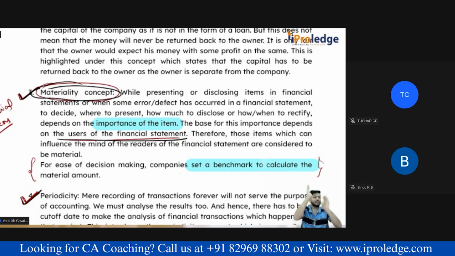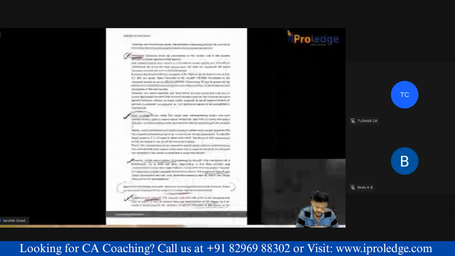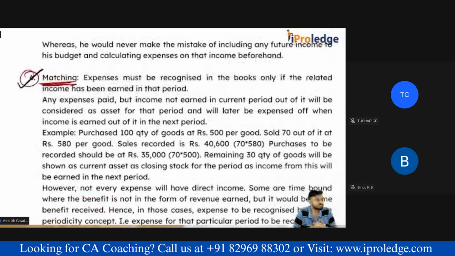What are we doing here? We divide the entire life into periods. Generally, for our example, it is 12 months. We record all the income and expenses for 12 months and we'll present it in P&L. Correct? The performance is divided into periods. That is your periodicity. Next, matching. What is the matching concept?